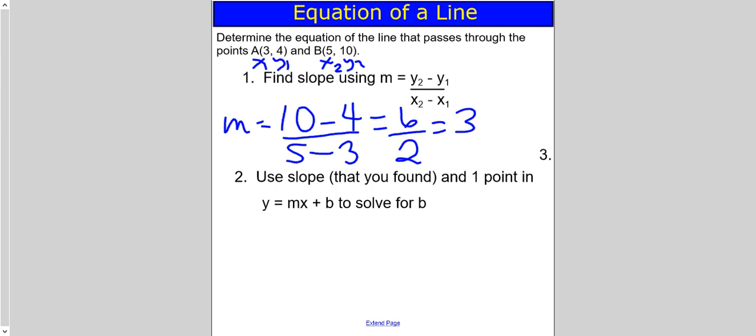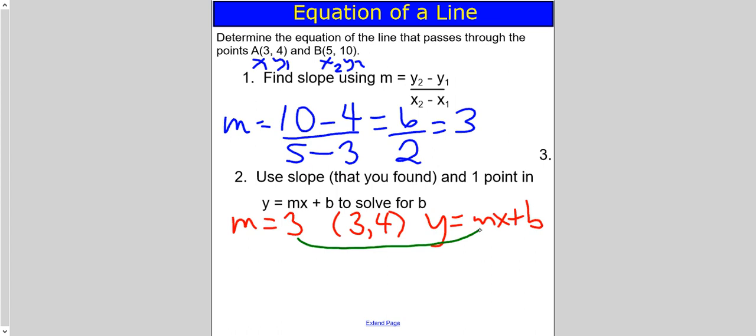So let's say I'm going to use m equals 3, that I know, and I'm going to use the point 3, 4. And I'm going to put all this good information into y equals mx plus b. Okay, so slope goes there. This is my x and this is my y.